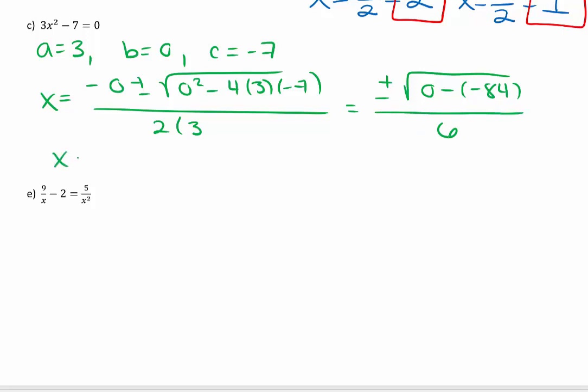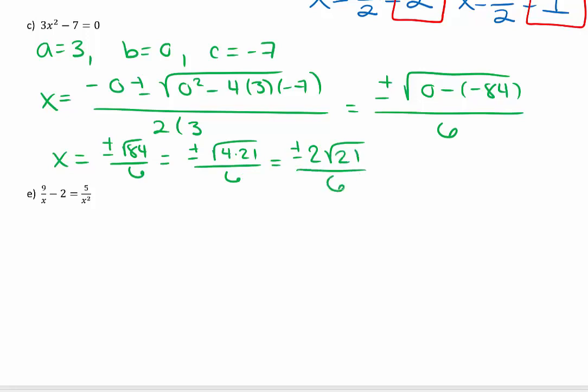Minus a minus becomes a plus. So I've got plus or minus root 84 over 6. And this can be simplified because 84 is the same thing as 4 times 21. And square root of 4 is 2. So I get plus or minus 2 root 21 over 6.